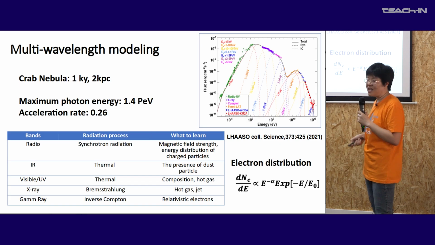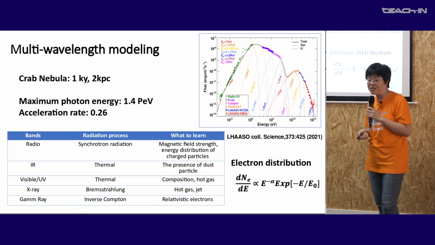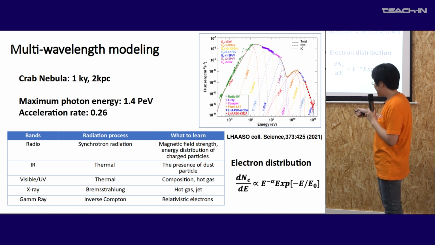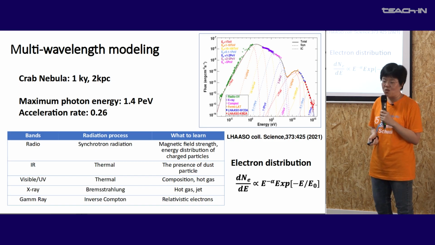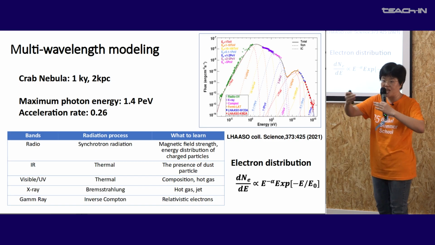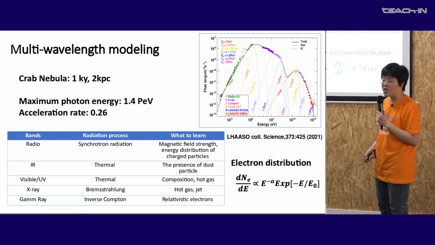And for the X-ray, as I said, okay, the hot or the thermal Bremsstrahlung radiation will emit this kind of radiation. They need very high energy or very high temperature. So normally they tell us the hot gas or the jet formation. And then for the gamma ray, you know they are from the inverse Compton.